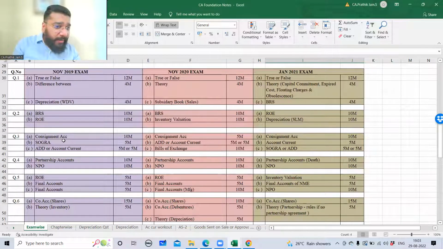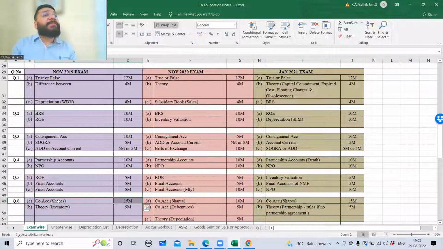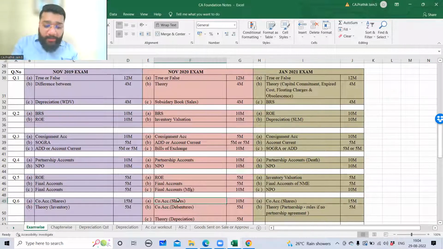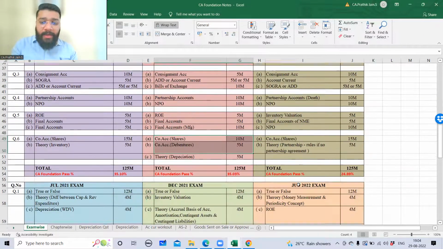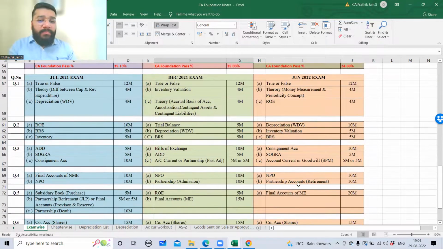November 2019, guys, you can see company accounts only shares for 15 marks, straight 15 marks. Big question. November 2020, company accounts shares 10 marks, company accounts debentures 5 marks. Jan 2021, and like that, it is being given.